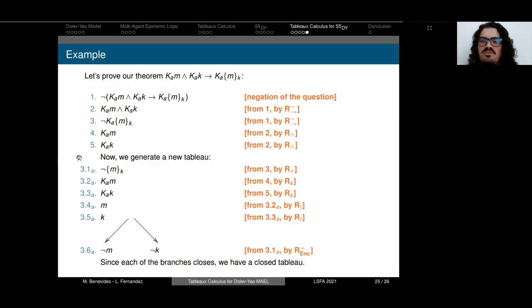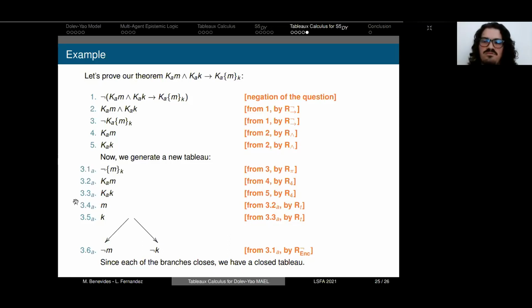Now we can use rule pi in line 3, and we have not M under K in a subtableau indexed by agent A. And we can bring these two formulas to the subtableau using rule 4 and eliminate the knowledge operator using the rule P in lines 3-2A and 3-3A.